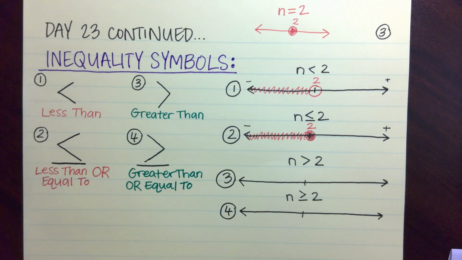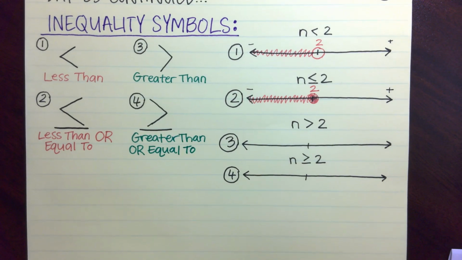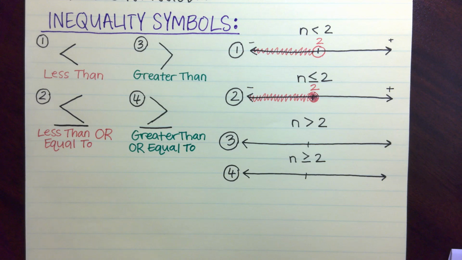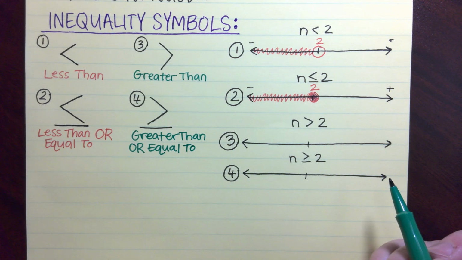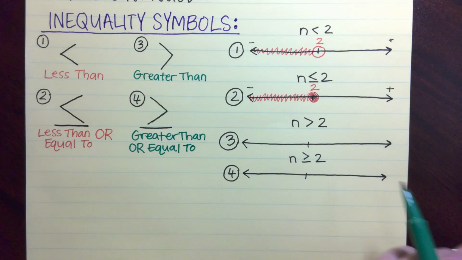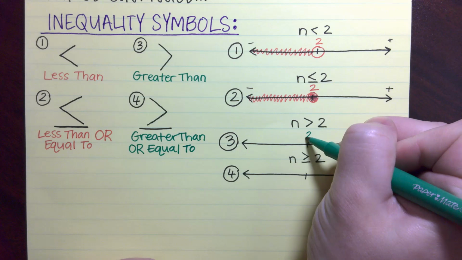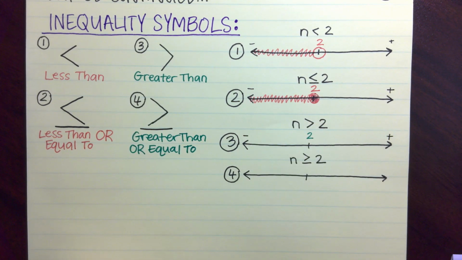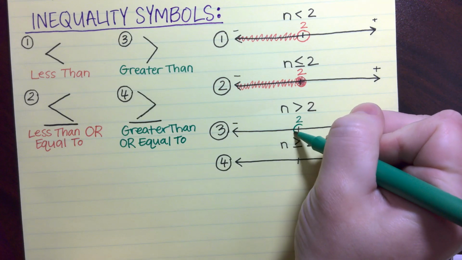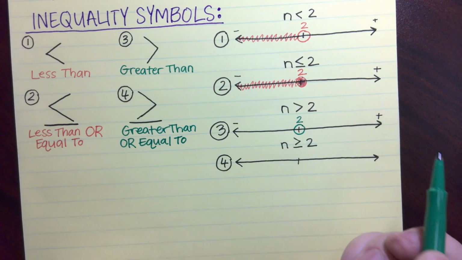Very good. Let's look at number 3. Number 3, somebody read that to me. What's it say? N greater than 2. Yes, n is greater than 2. So how can I show that on my graph? I'll put 2 at the top. I want to start by writing 2. Circle. And then I want to circle my tick mark. Now I need to decide, is 2 included or not?